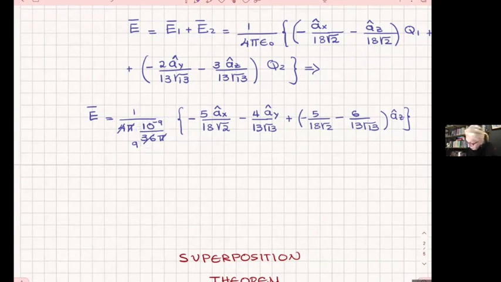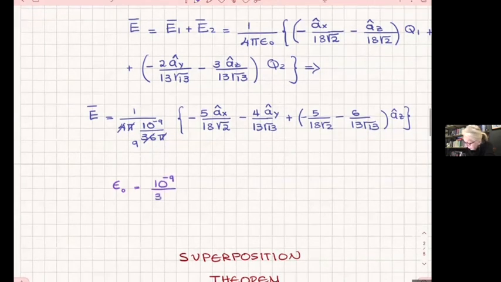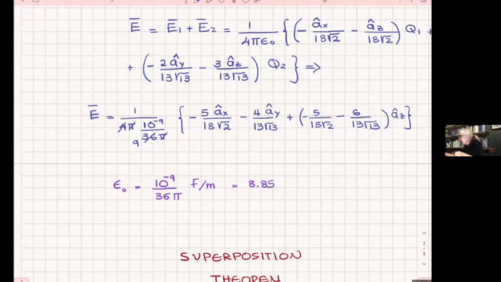So what I used is that epsilon naught is 10 to minus 9 over 36 pi, one way of doing it, and it's farads per meter, or you can write it as 8.854, 10 to minus 12, and it's farads per meter.